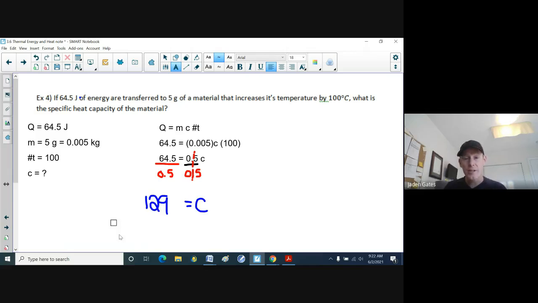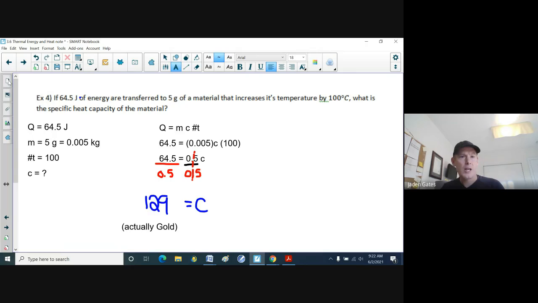And in this case, a C value of 129, believe it or not, is actually gold in real life. That's the specific heat capacity of gold. So if you had that material, you'd be thinking you'd be rich. You're going to make some money. Only it's 5 grams, but still going to be worth something, that's for sure.